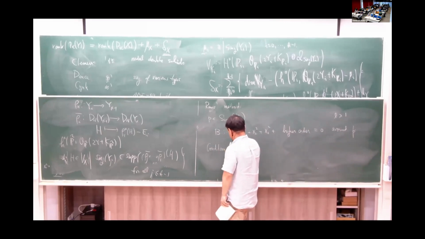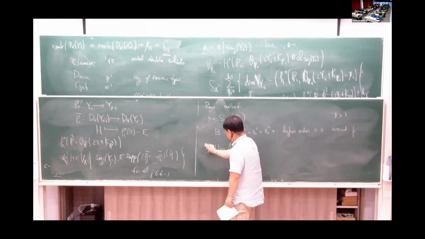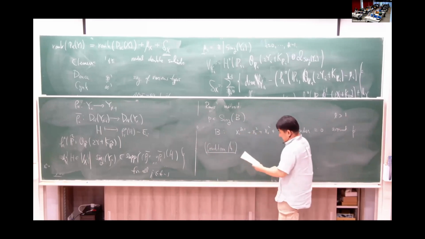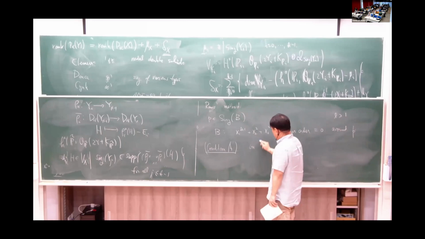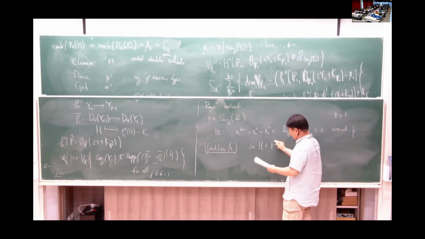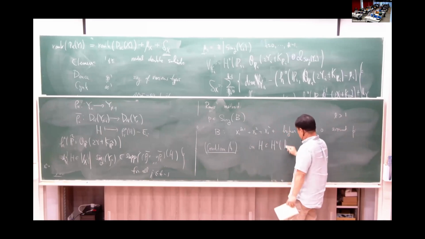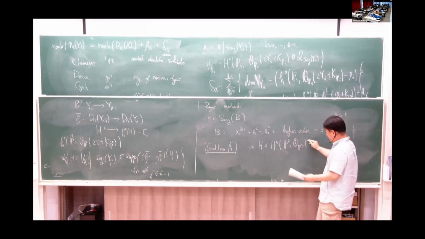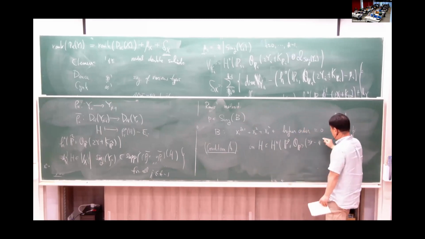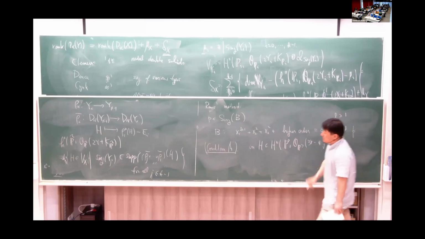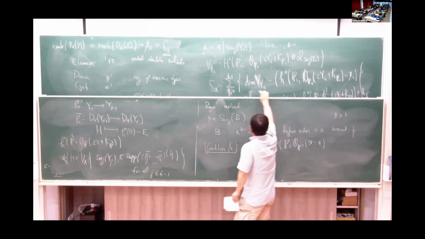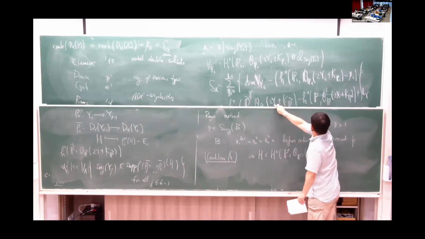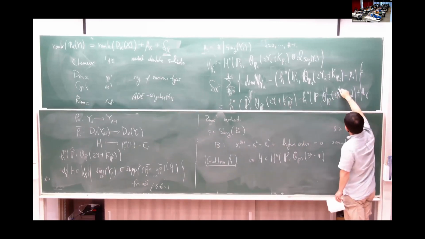let's say A. All right. On H, which is here, H0 of P3, O_P3(3R minus 4). Okay, this 3R minus 4 comes from here. This guy's degree is 2R, so this is 4R.